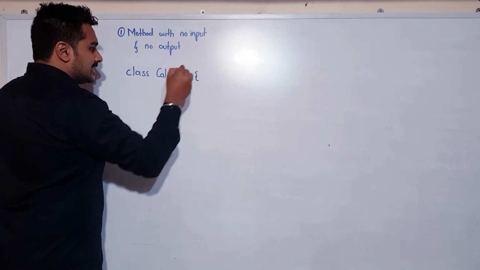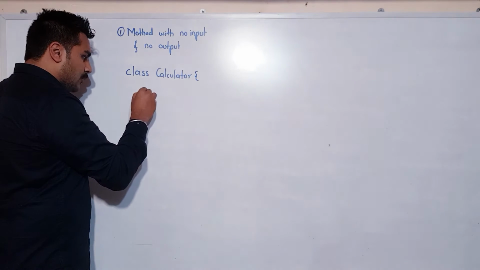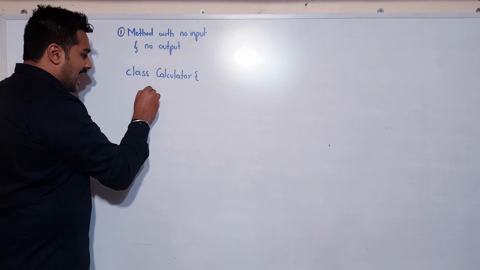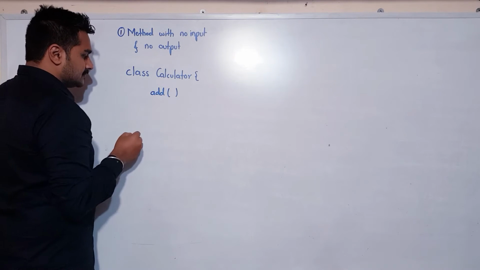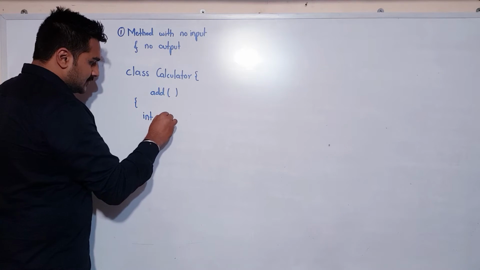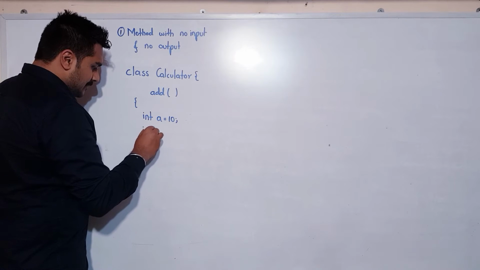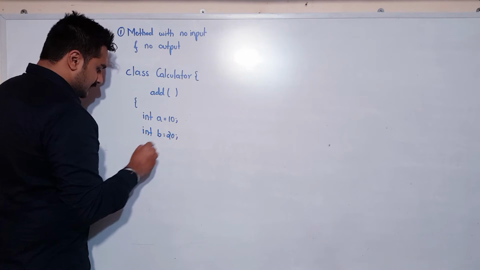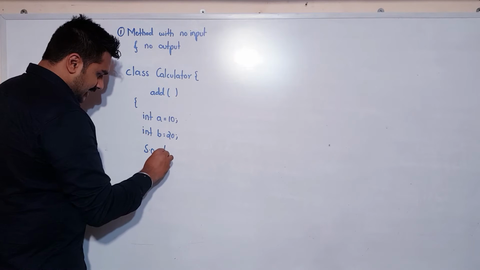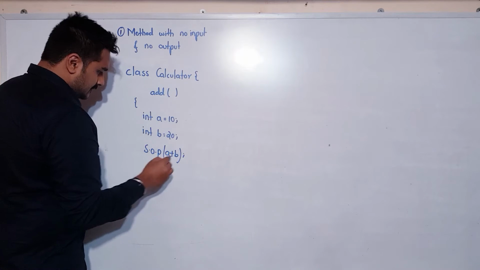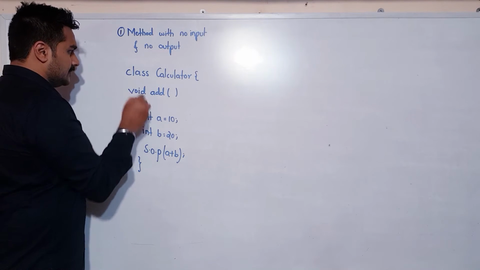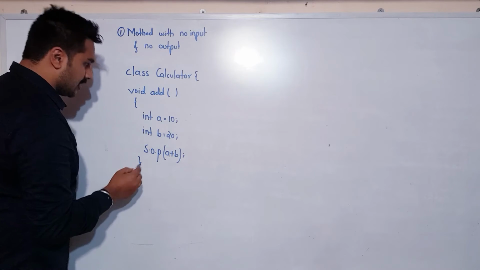Inside this class Calculator, I'm going to have one function called add. Inside this, I will write int a = 10, int b = 20, and System.out.println(a + b). Beginning of the function, closure of the function, I will write this as void. Beginning of the class Calculator, closure of the class Calculator.